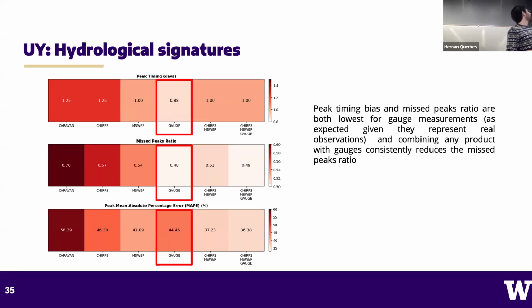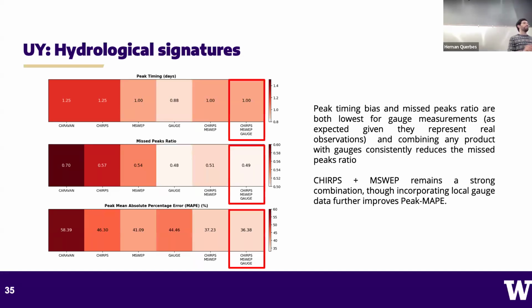But when we see the bias for the peaks, we see that the gauge is not the one that performs the best. Here, MSWEP actually performs a little bit better. But also, if we combine MSWEP and CHIRPS with the gauges, we see that those metrics still look really good.